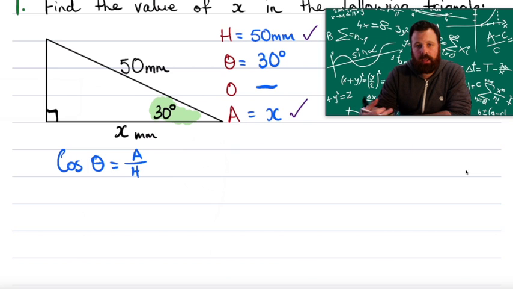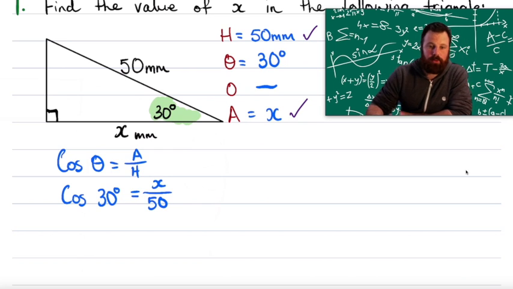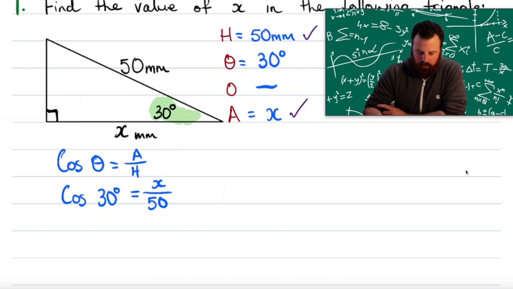Now what we're going to do, we're going to substitute in the information that we have. So we know that cosine of 30 degrees is equal to the adjacent side over the hypotenuse. Right? We've substituted in our trigonometry now. We've established a rule for this triangle.